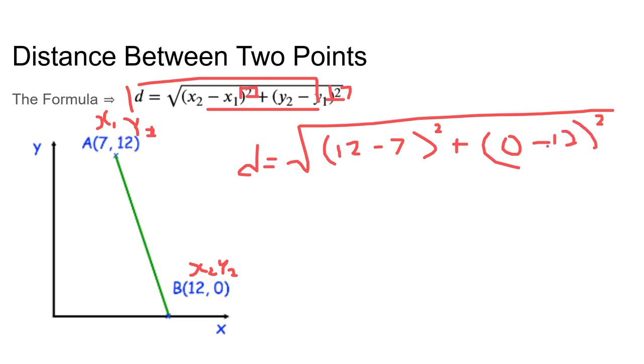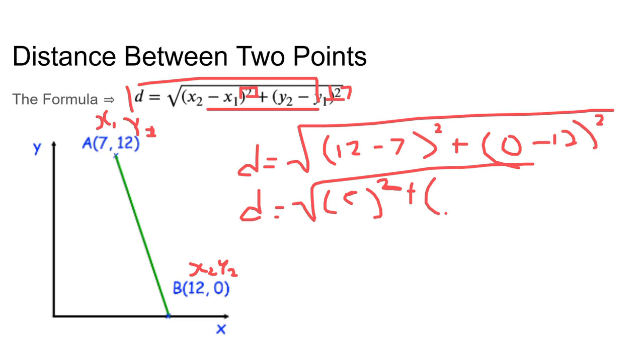Now, I can actually demonstrate right now. Let's say this was flipped. Let's say it was 12 minus 0 squared. 0 minus 12 squared is the same as negative 12 squared. It's the same as 12 squared because it's just how squares work. And so we just simplify this. This would be 5 squared, and this would be negative 12 squared.